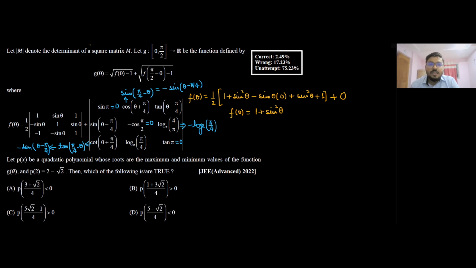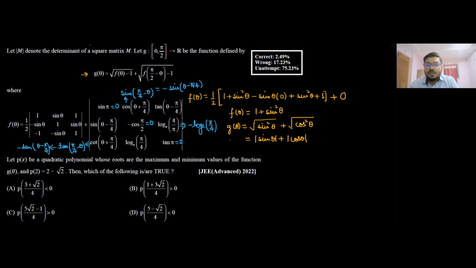Now let's put the value of f of theta in g theta. So g theta we can write as under root of f theta minus 1, that is sine square theta, plus under root of f of pi by 2 minus theta, that will be cos square theta plus 1 minus 1, again cancelled. So this is mod of sine theta plus mod of cos theta.